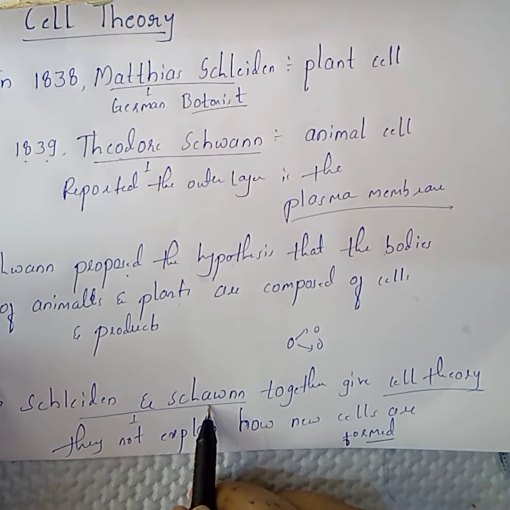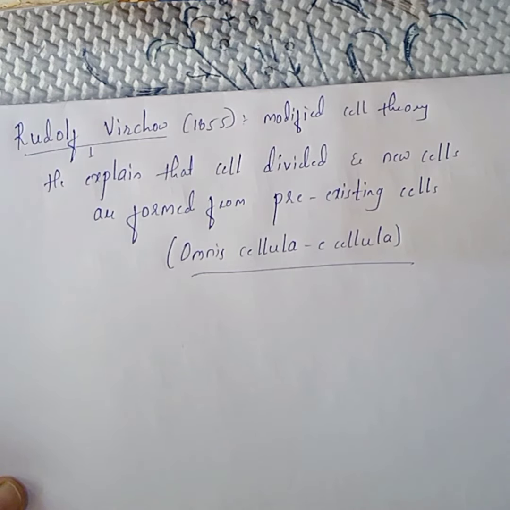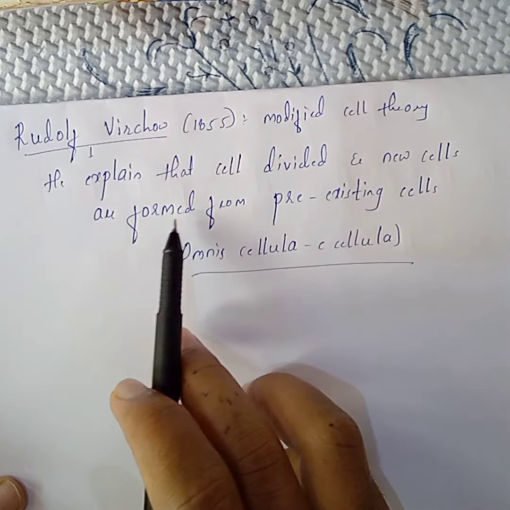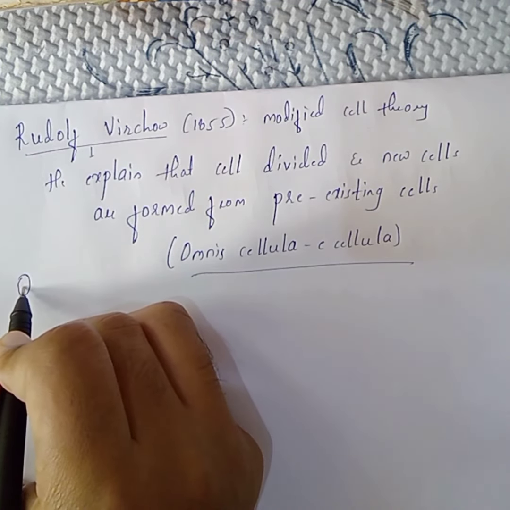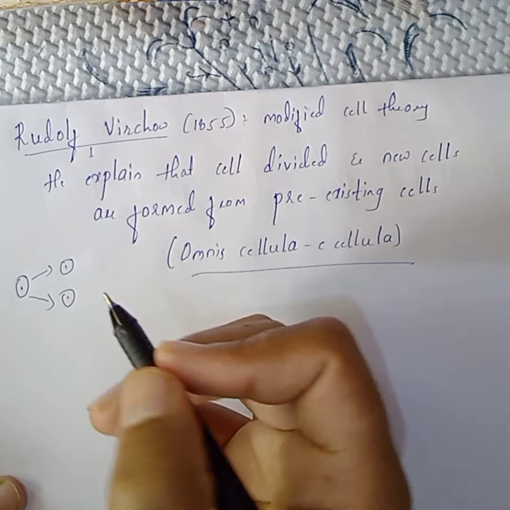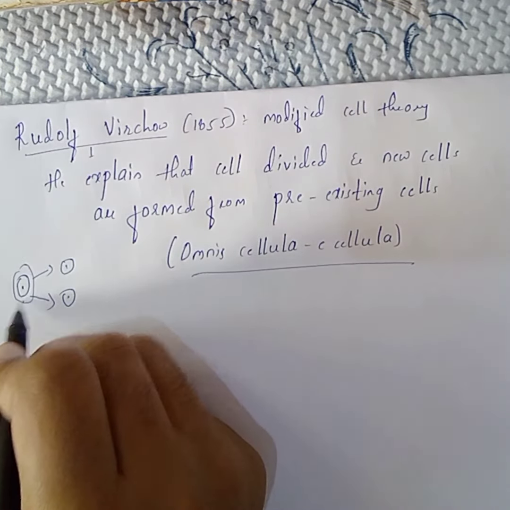Then this Schleiden and Schwann cell theory was modified by another scientist, Rudolf Virchow, in 1855. Rudolf Virchow modified the cell theory given by Schwann and Schleiden. Virchow explained that cells divide, and new cells are formed from pre-existing cells.